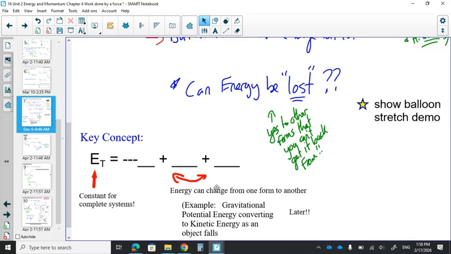An example is gravitational potential energy converting into kinetic energy as it falls. We'll see that soon. The idea is that you can have transfer from one form to another. And if you included my chemical potential energy from having eaten lunch as part of the whole system, it's obviously just switching to kinetic energy for the object that was pushed, and so on, right?